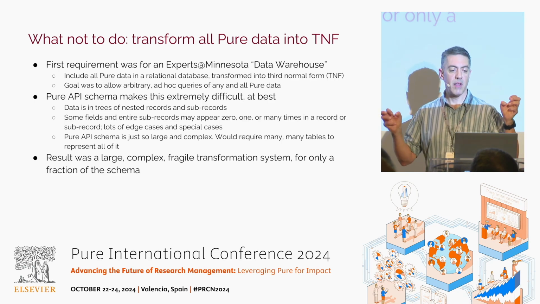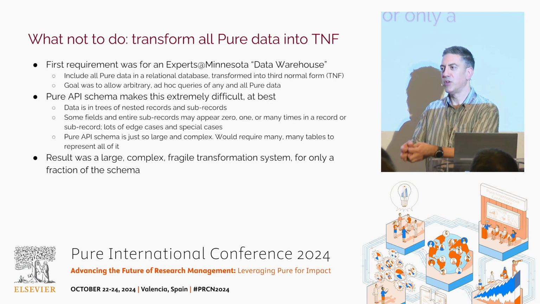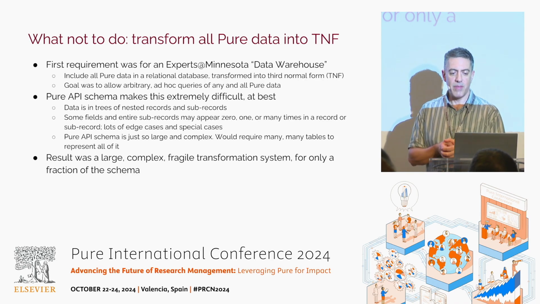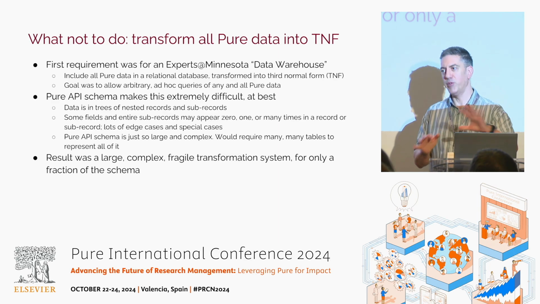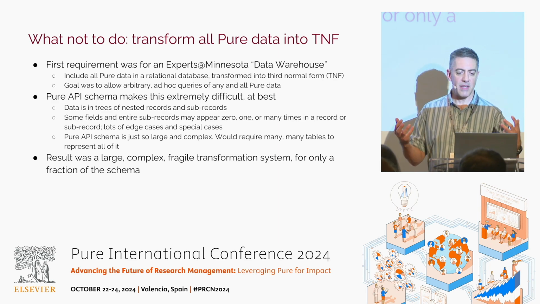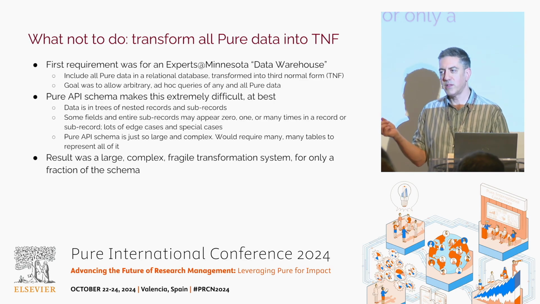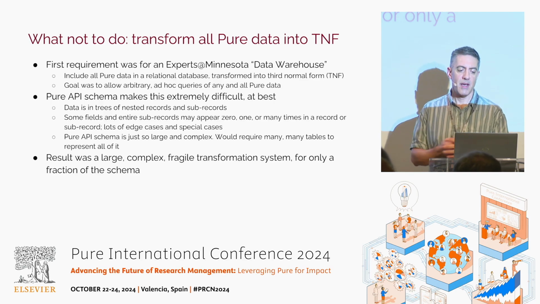What I love about the Pure data model is that it's so rich and complex. There's everything we could possibly need in there, but that's what makes it really hard to do that. At least it was difficult for me, being the one technologist on this project.